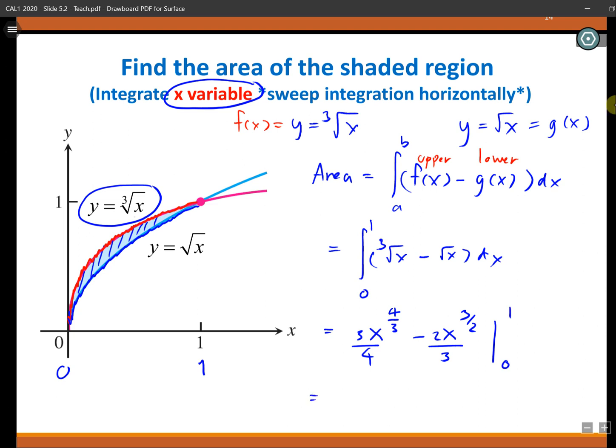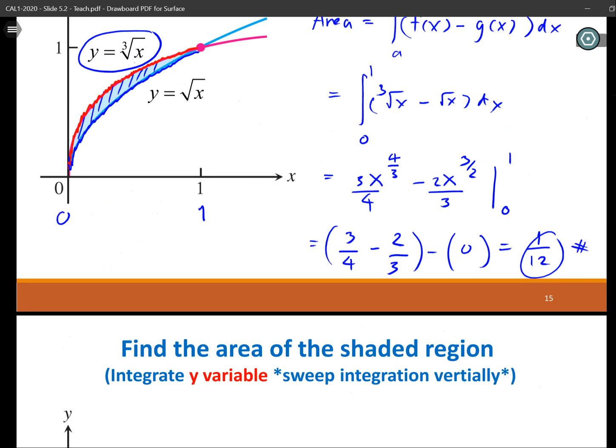So in the end, it comes out to be 3 over 4 minus 2 over 3. Minus 0 goes in, everything becomes 0 here. So in the end, you have this 1 over 12 as the final answer. Okay, and in this case, we work on the x variable.